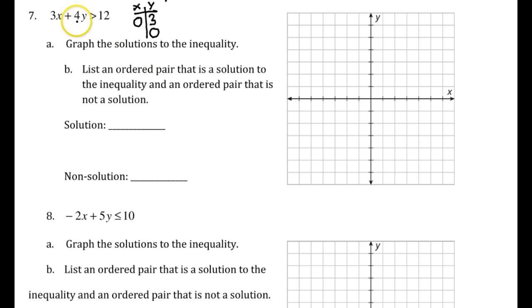Plug in 0 for y. So 3 times what is 12? And you get 4. So 0, 3, and, whoops, wrong one. 0, 3, and 4, 0. There we go. Solid or dashed? Dashed.